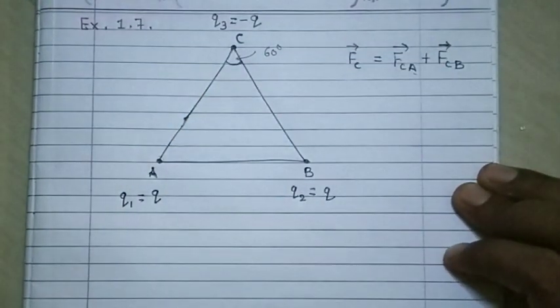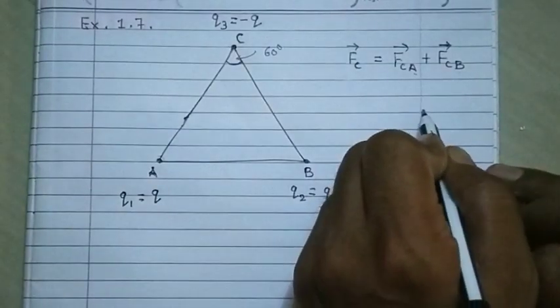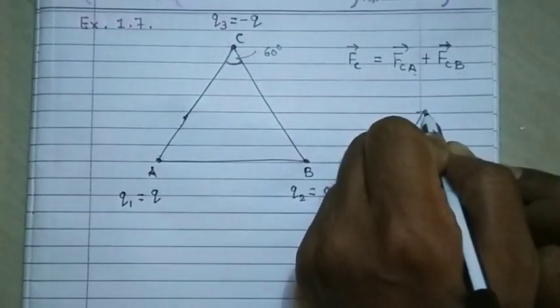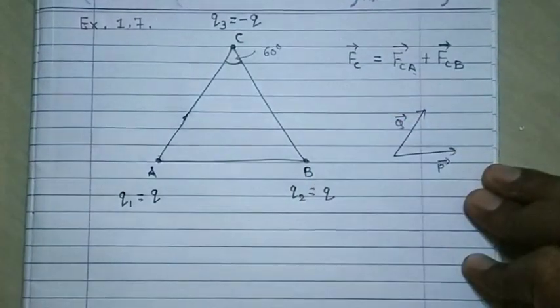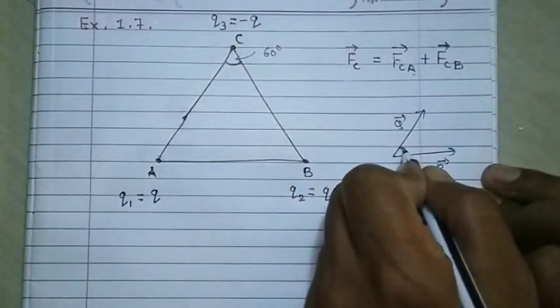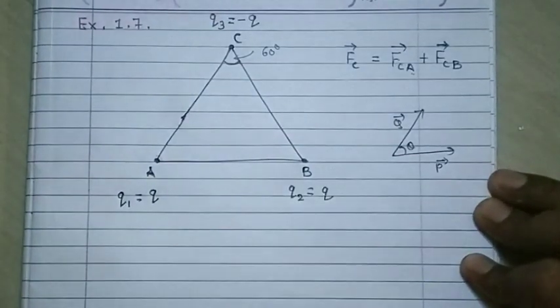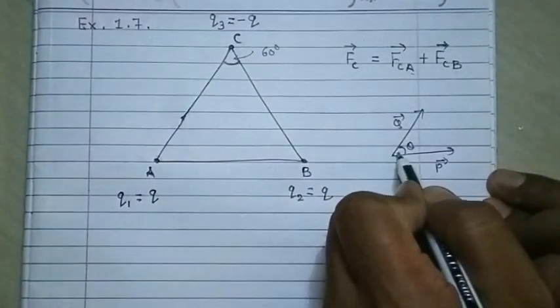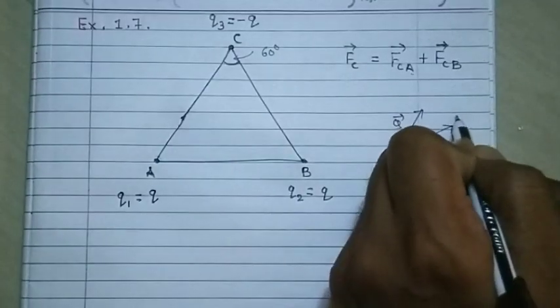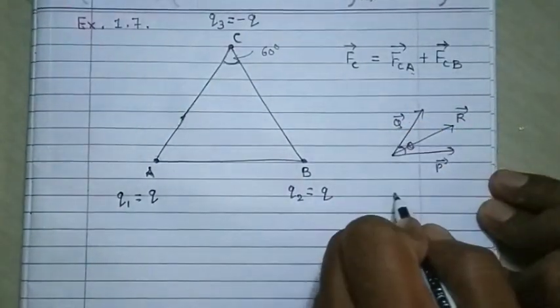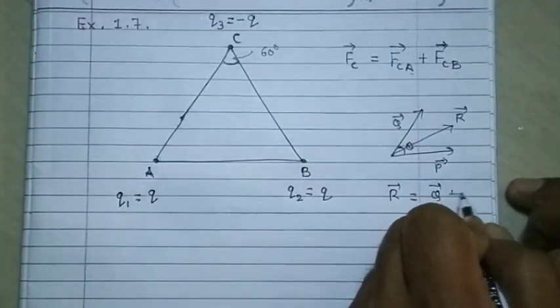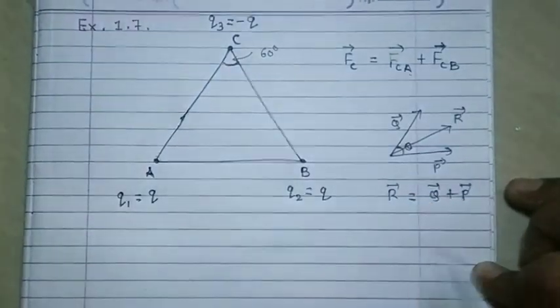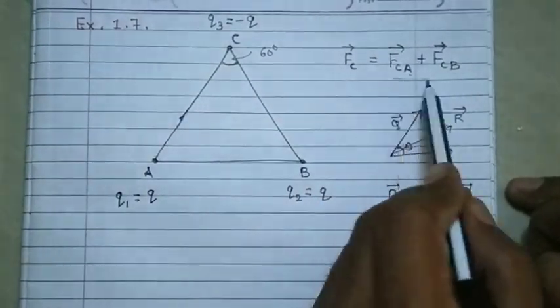And we have seen in 11th standard that if there are two vectors, suppose vector P and vector Q, and if theta is the angle between these two vectors, then the resultant vector R is given as vector R equal to vector Q plus vector P. Simple addition. So here also we have done this only.